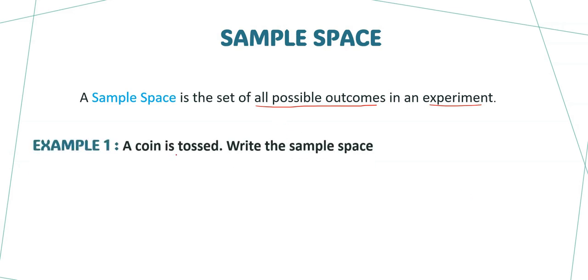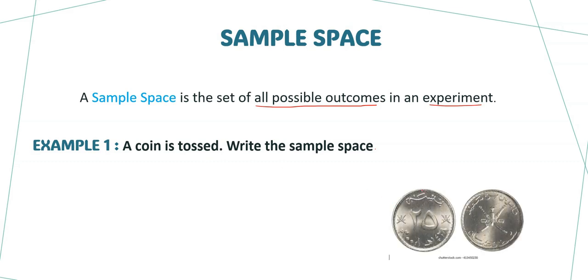For instance, if a coin is tossed and it is asked to write the sample space, then what will it be? When we toss a coin, we know that the coin has two sides. On one side we see a number and on the other side we see a picture.